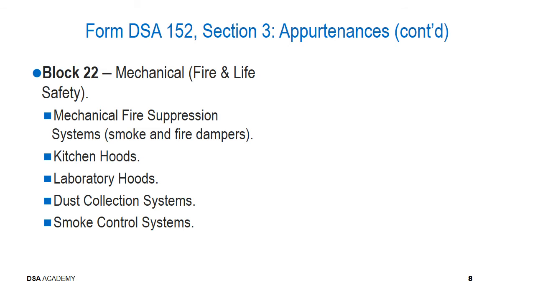As we previously discussed, if there's kitchen hoods, laboratory hoods, which are sometimes found in laboratory settings, dust collection systems, which are found generally in, say, trades areas where a carpenter shop may be located, and also smoke control systems, which may be part of the project's construction.